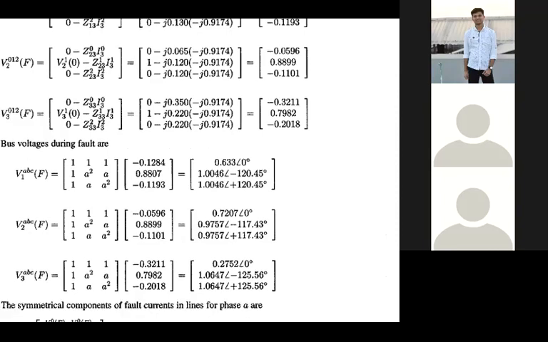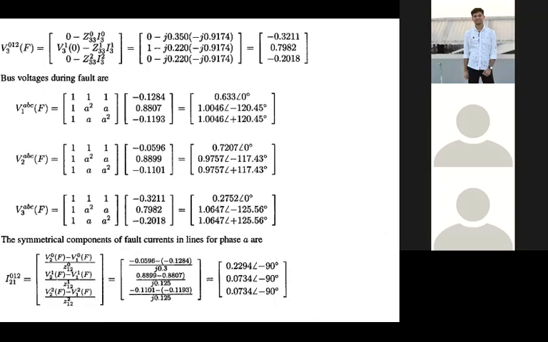So you can determine that in 012 domain first, that is I21 012, which is V1 0 minus V2 0 over z12 0. This is the impedance information from the sequence impedance diagram. This is not the Z value, this is the impedance value, small z.